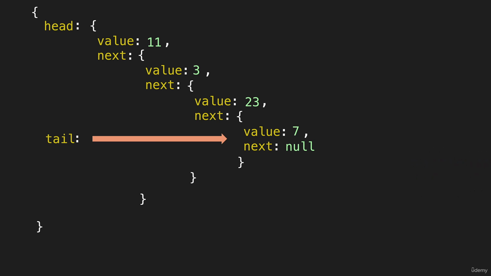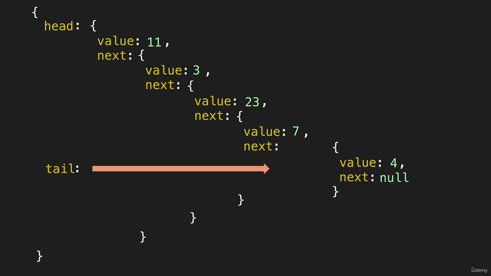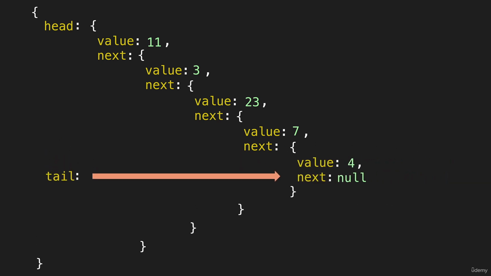So let's bring everything back to the way it was, just like this, and look at what we have to do to make tail move up to the previous item, because we want to have it point here. Well, we need to set it equal to something else that points to this node, and the only thing that points to this node is the next value in the previous node.